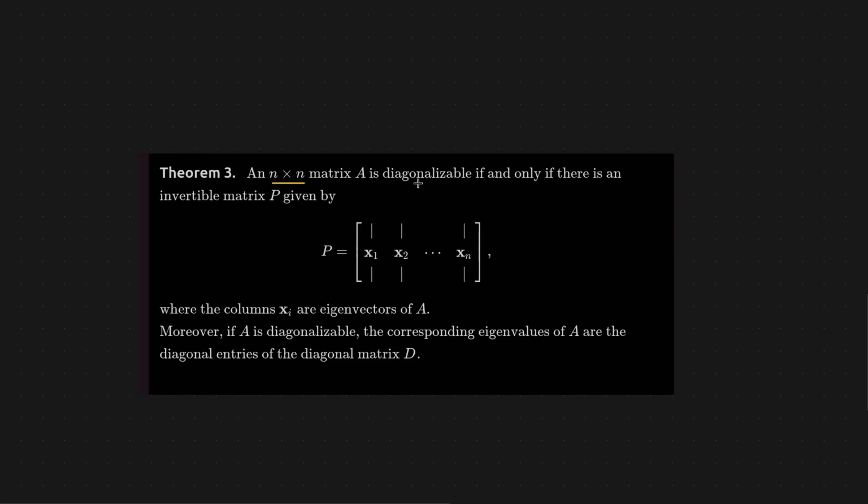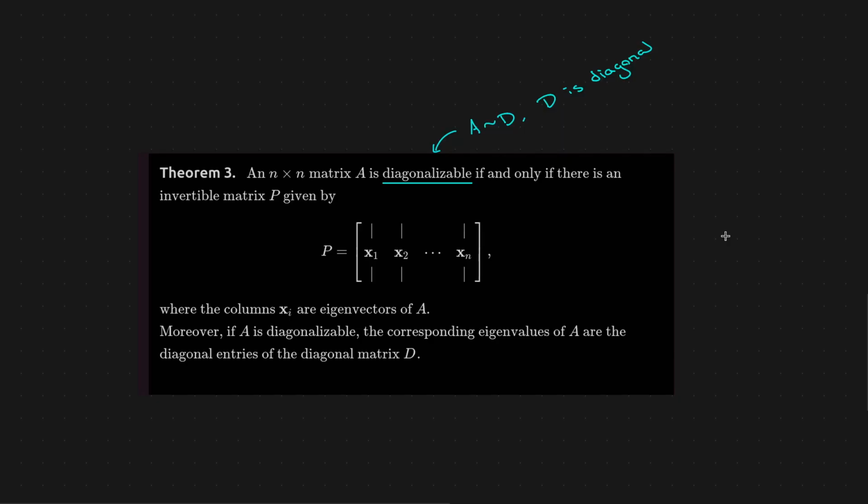An n by n matrix A is diagonalizable. I haven't defined that word, but diagonalizable just means A is similar to a diagonal matrix D.